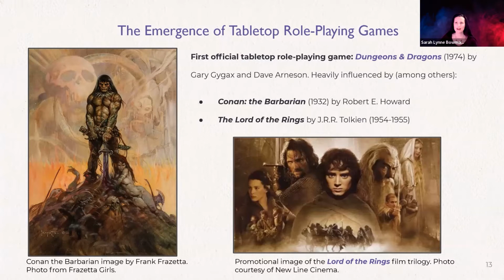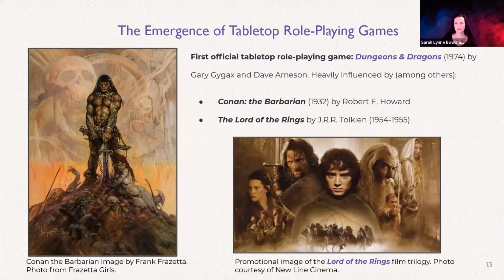And it was heavily influenced by many different sources, but specifically the two main ones that I focus on are Conan the Barbarian by Robert E. Howard. And here you can see a picture of Conan towering over a bunch of bloody bodies with a scantily clad woman next to him. And this is imagery, very famous imagery by Frank Frazetta.